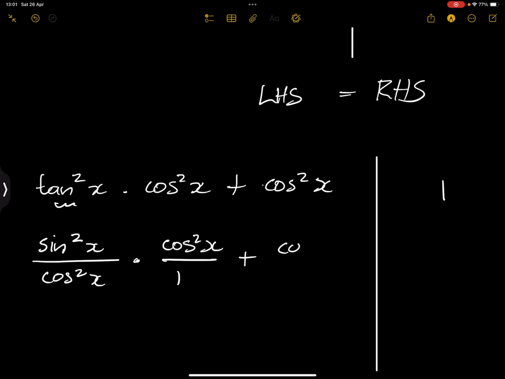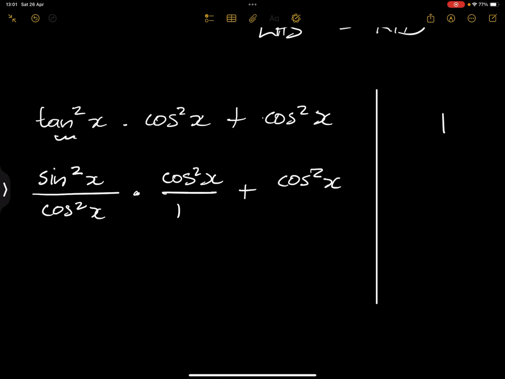And this is plus cos squared of x. Now let's deal with what we have on the left. We've got cos squared divided by cos squared, which gives us 1, multiplied by sine squared. So I've got sine squared of x plus, remember, we still have cos squared of x.